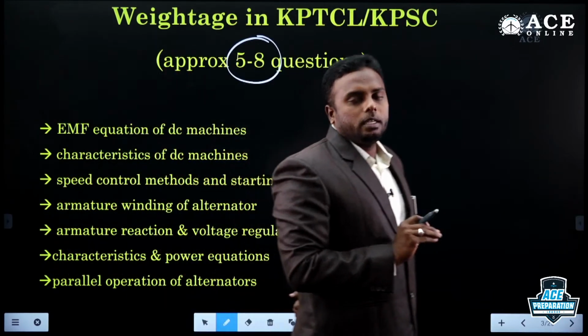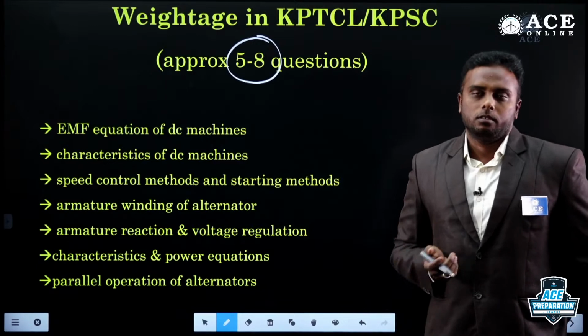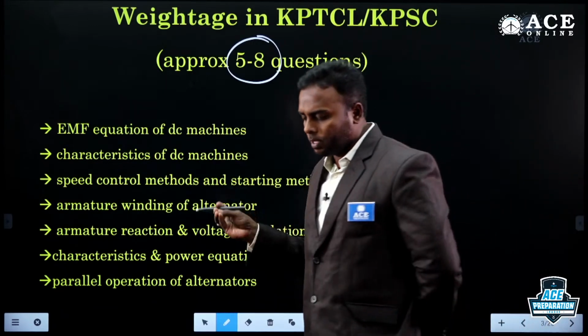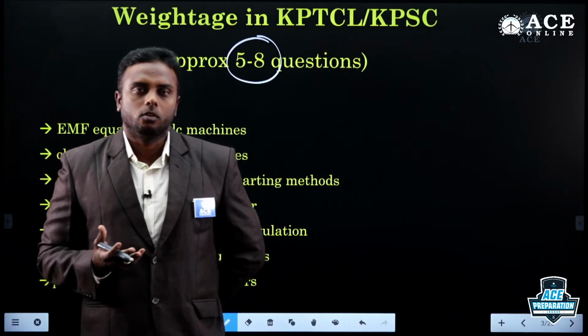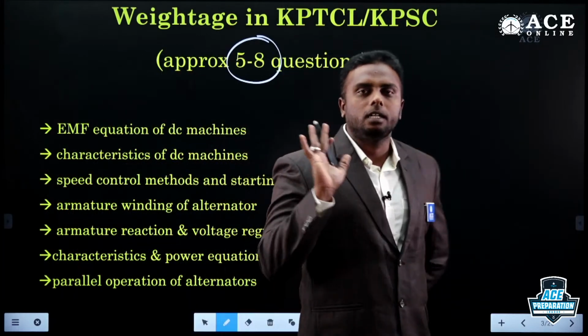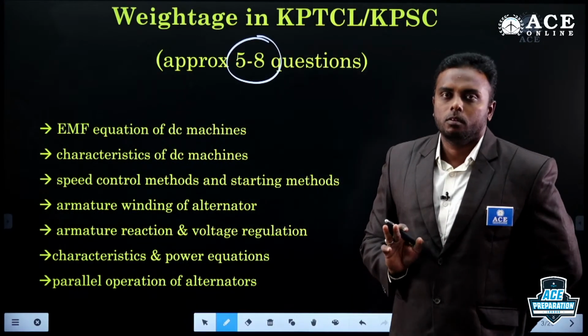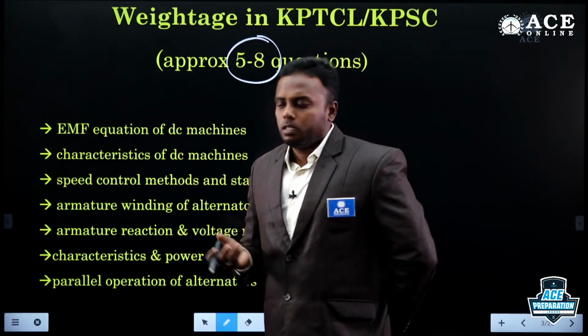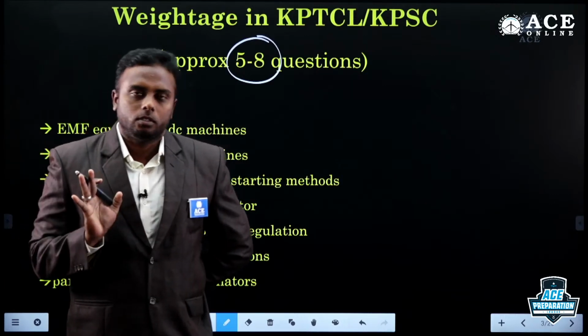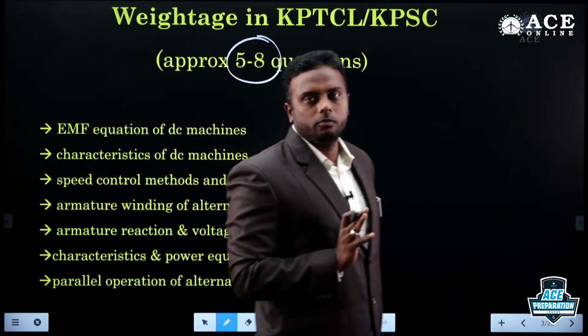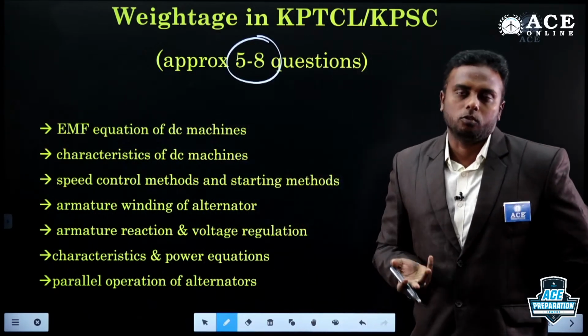In some years we have many questions in synchronous, like 7 or 8 questions directly, but it won't repeat every year. So on an average we can expect from synchronous machine 4 to 5 questions, and from DC machines 3 to 4 questions.